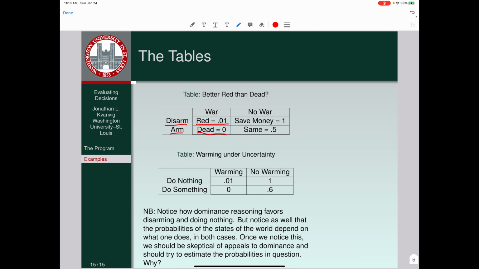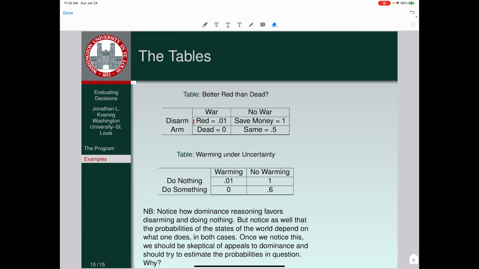For the second one, it doesn't actually matter what probability number you put in here, because this is our worst outcome. So 0 times anything is still going to be 0. But it will matter for box number, call this 1, 2, 3, and 4. It will matter for box 1, and similarly for 2 and 4. The only one that it doesn't matter for is 3, because even if this was 0.3, we don't have any reason that either box 2 or 4 should be a 0.3 number either.